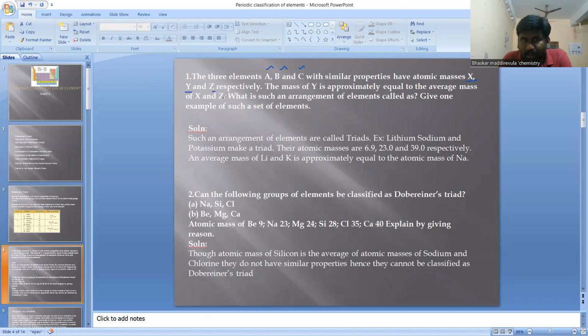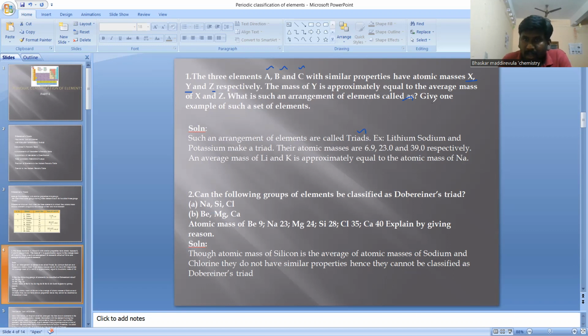The mass of Y, the middle element, is approximately equal to the average of X and Z, that is, the first and third elements. What do we call such an arrangement of elements? We call it a triad: three elements in one group with similar properties, where the atomic mass of the middle element is equal to the average of the first and third elements.